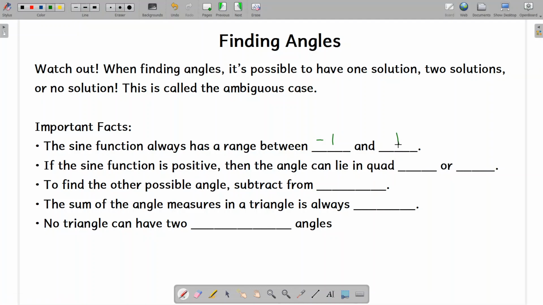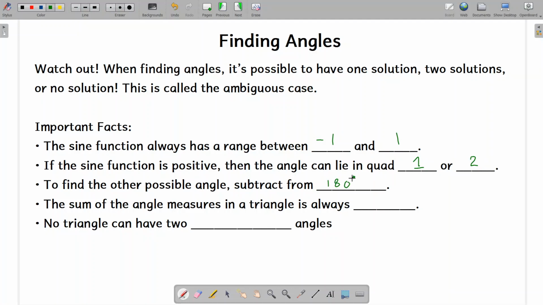The second important thing is that if the sine function is positive, our angle is going to lie in either quadrant 1 or 2. To find any other possible angle, when we are testing for the possibility of two solutions, we're going to take the angle that we find and subtract it from 180 to find the other possible angle that we're going to be testing.